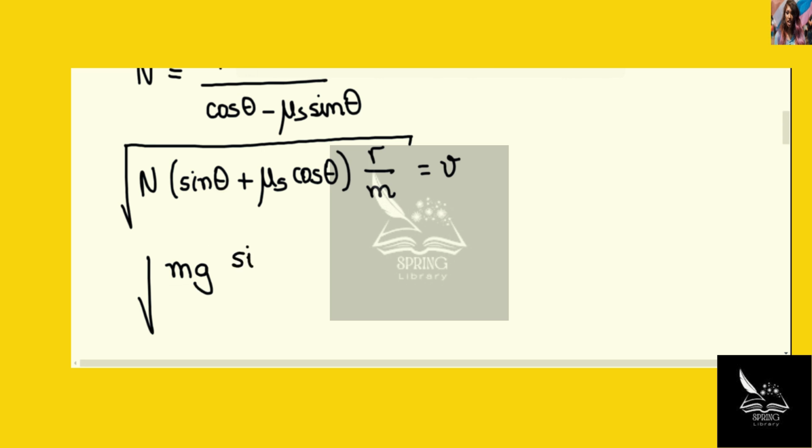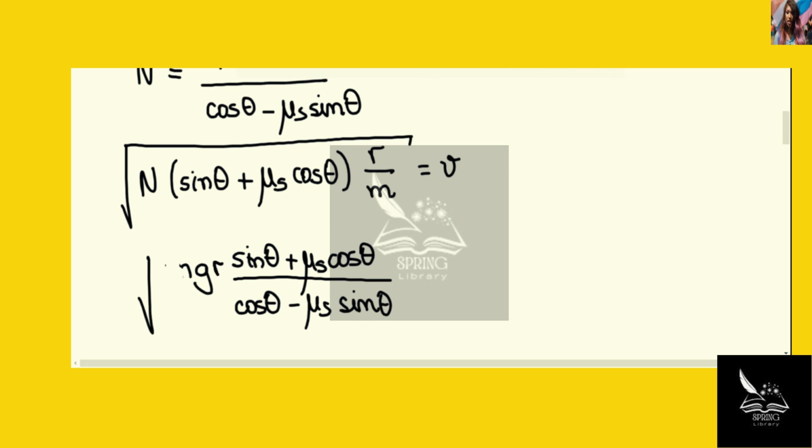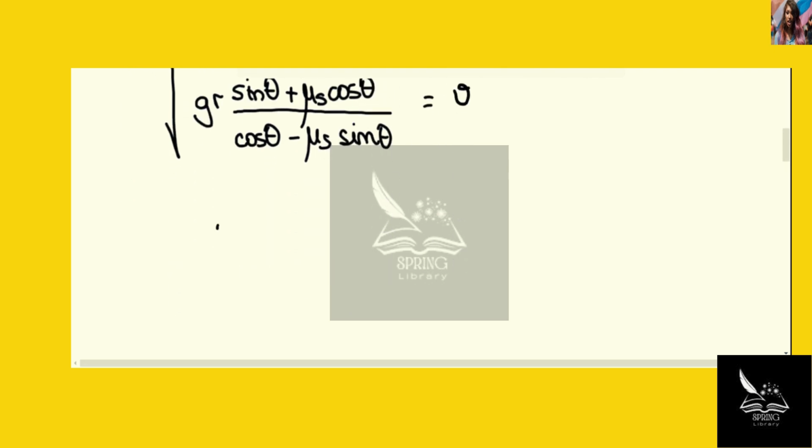I'm sorry, I'm just multiplying by what I need to multiply in the numerator first, and then I'm going to divide by the denominator of the normal force. So that's cosine of theta minus mu s sine of theta. Okay. And then we have to multiply by r and divide it by m. So I'm going to just take the m out of here. And this is equal to v.